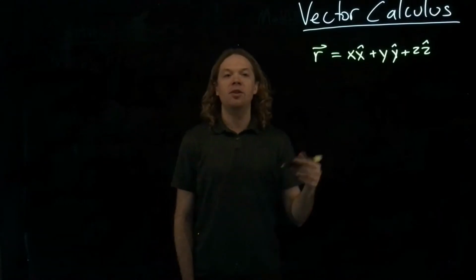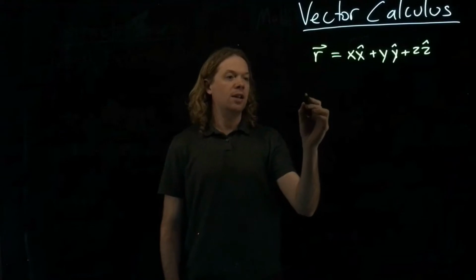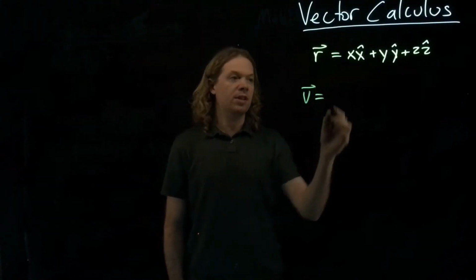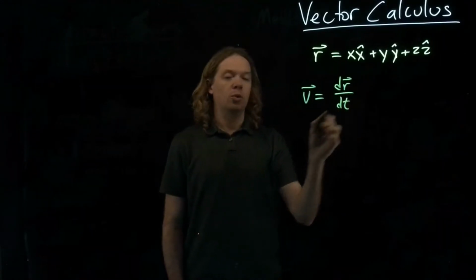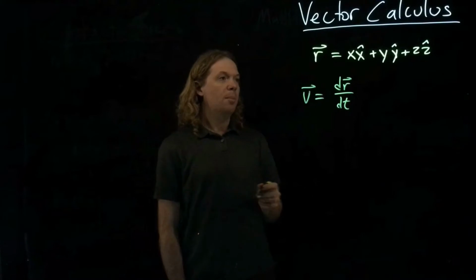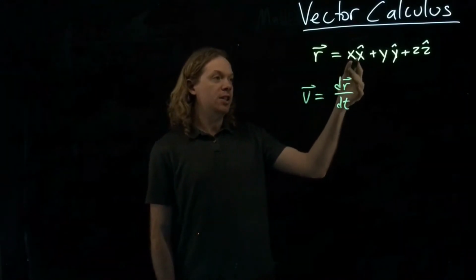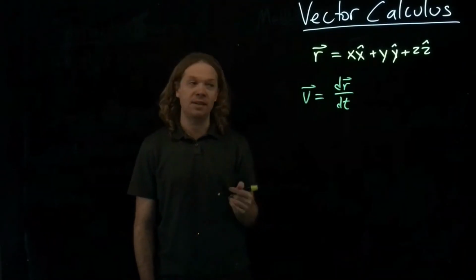So what we need to do, we need to know how to take derivatives of a vector. So specifically, the velocity vector, the definition of the velocity vector is the derivative of the position with respect to time. But now we have a position vector which has three components which each have unit vectors in them. So we need to know how to deal with that. Fortunately, it's actually very easy to deal with that.